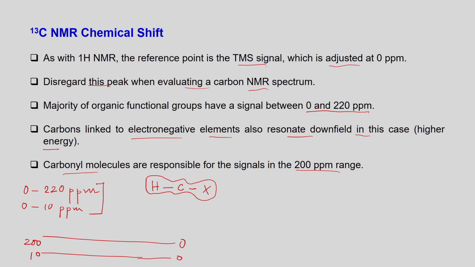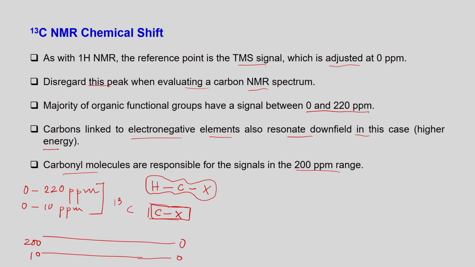But in the case of proton, the electronegative atom is indirectly connected with the proton. In 13C NMR, it is directly connected. If it is directly connected, the effect will also be direct, and you will have larger and higher chemical shifts.